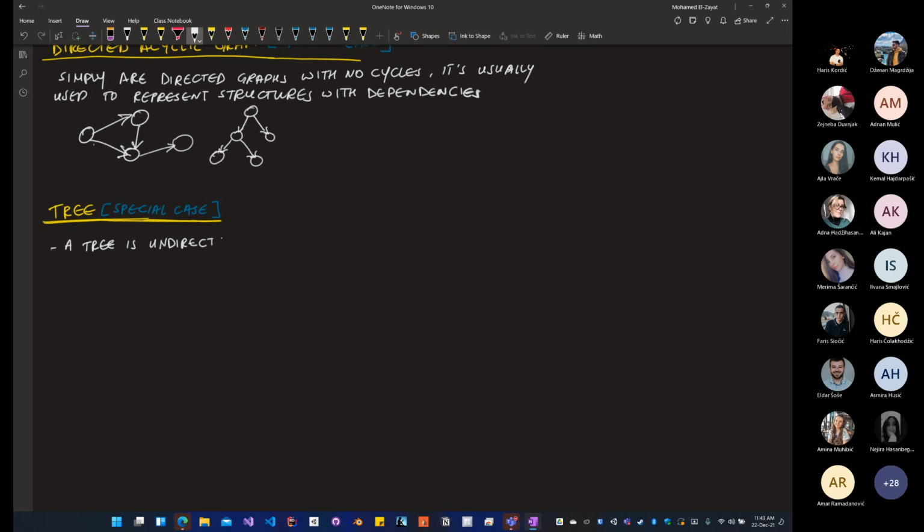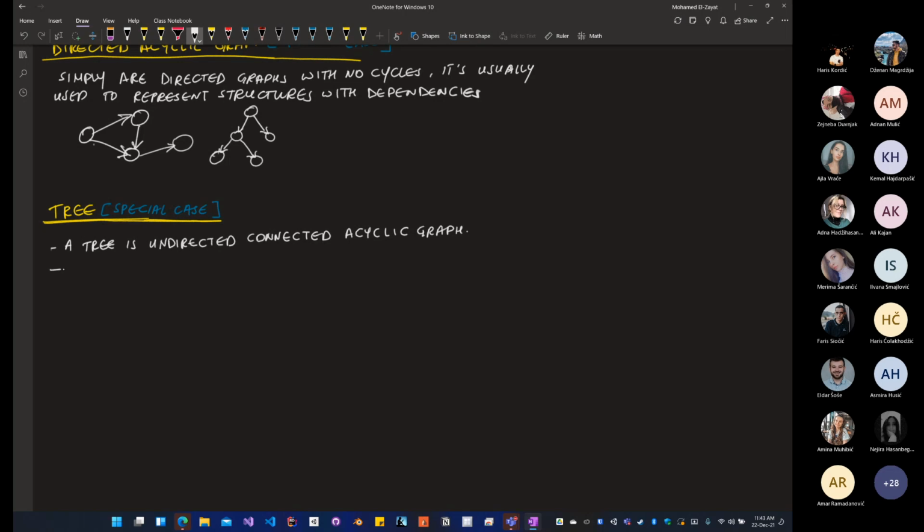It's an undirected, connected, acyclic graph. You cannot have a node that is floating somewhere. You cannot have a tree that looks like this, for example. It's not possible. Okay, so that's a very important thing. Connected is a very good keyword here.